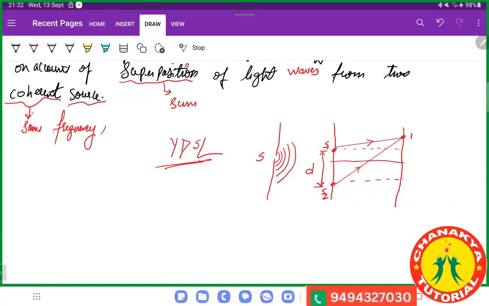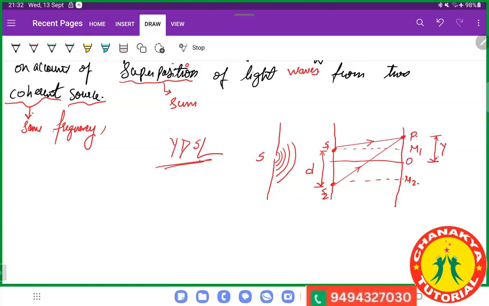This is your point P. This is S1, the slit, and S2 is the source slit. It is some distance y apart from the center.